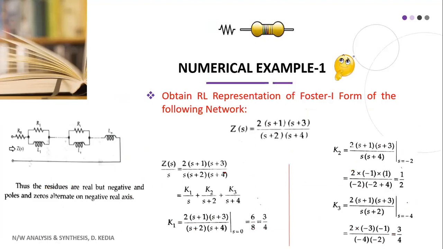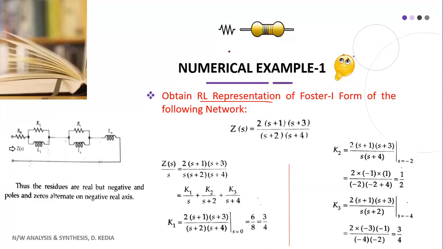So now let us talk about numerical example 1. Fine. So I hope now the Foster forms of representation for RC network and for RL network both is clear to each and every student. So students, this is numerical example 1 of your RL representation using your Foster 1 form of representation.